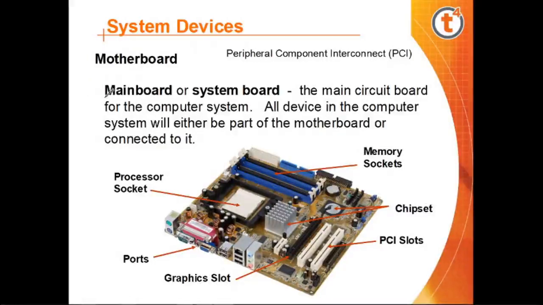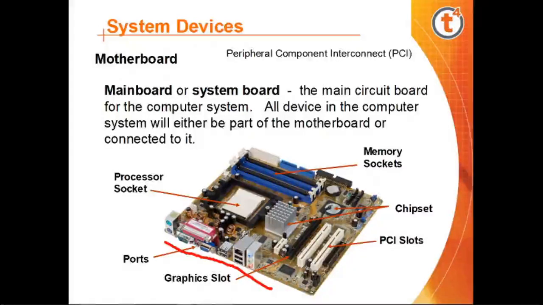Motherboard. This is the motherboard image, also called the main board or system board. It is very important for processing all logical operations in a computer system. It is the main circuit board for the computer system; all devices in the computer system will either be part of the motherboard or connected to it. All external parts can connect through the ports. On this side you have various ports that connect the mouse, monitor and all the outer devices.